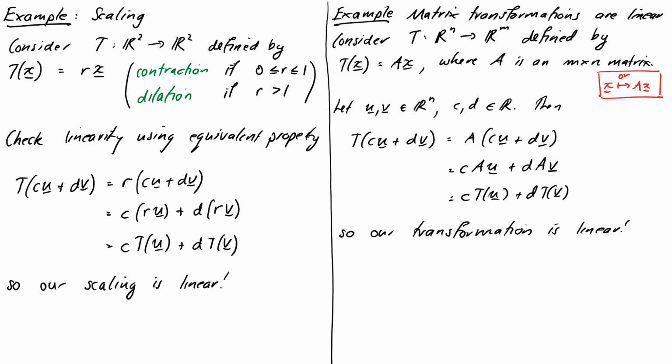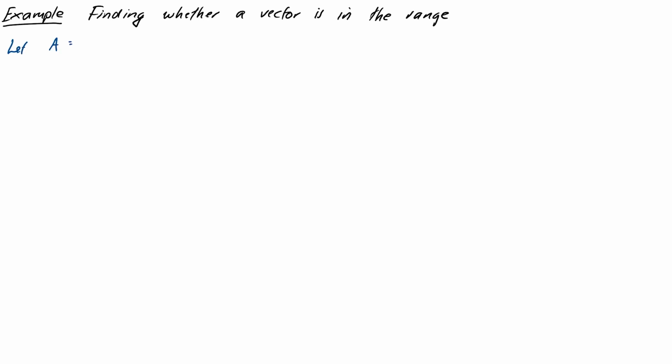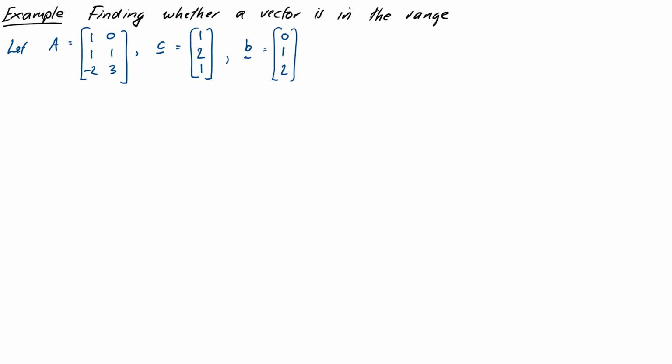So let's look at a concrete example now of a matrix transformation to try and wrap our head around some of these concepts a bit better. Something we might often want to do is find whether a given vector is in the range of a matrix transformation. So we'll take a matrix A to be [1, 0; 1, 1; -2, 3] and two vectors, C is (1, 2, 1), and B is (0, 1, 2).